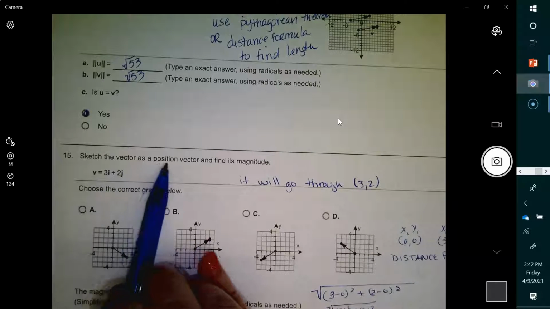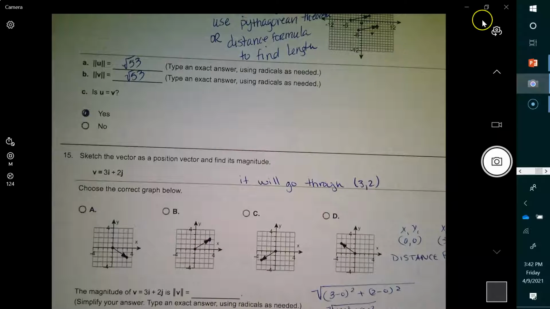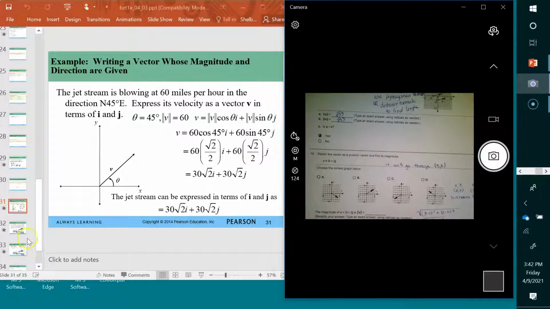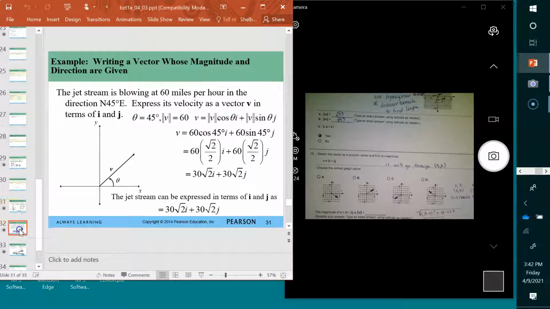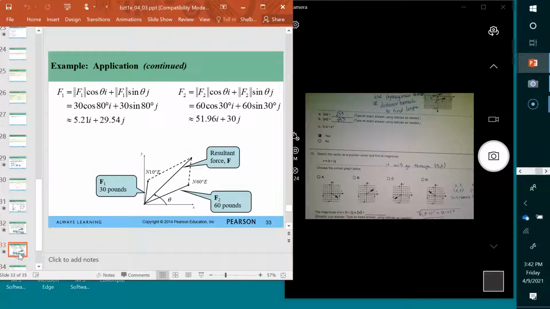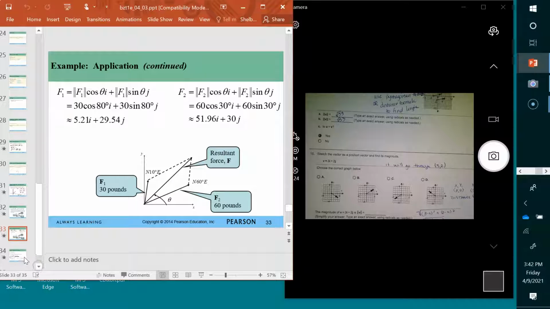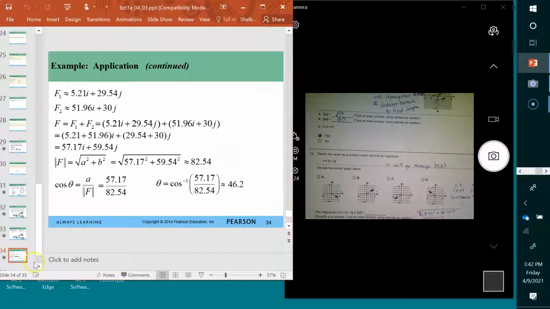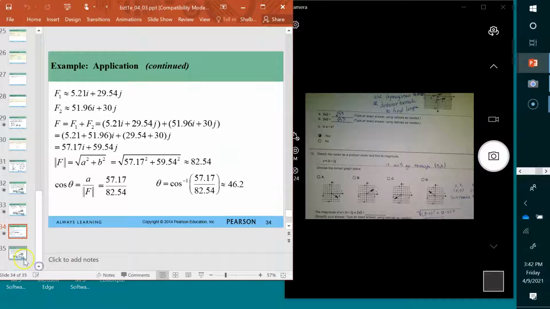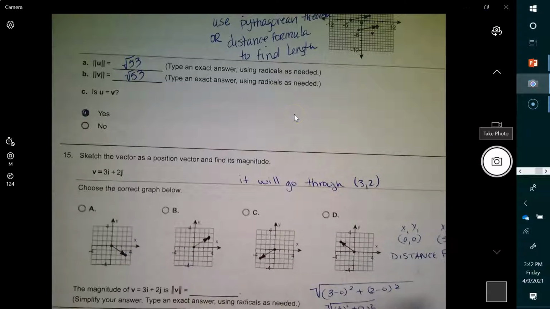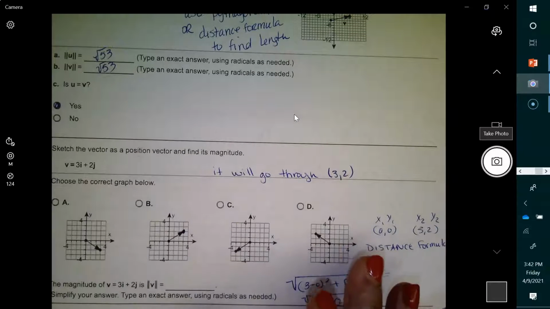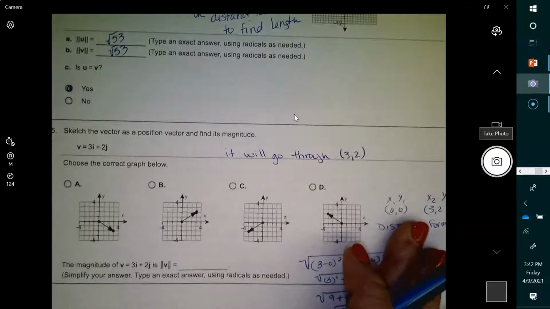15 says sketch the vector as a position vector. I'm going to go back really quick and show you an example of that because I want to be sure you have that. I don't think they have an example over there. So if you need help, click on the button that says show me an example.